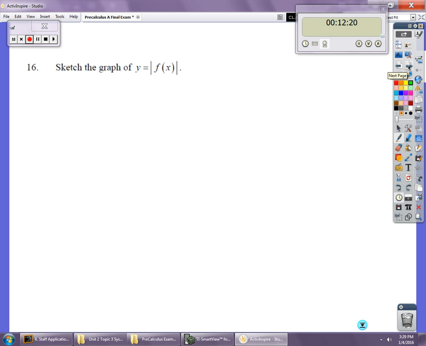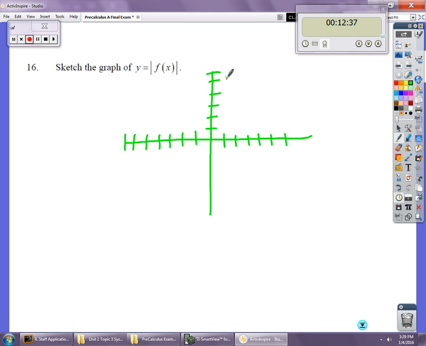Okay, and then the last one, we're going to sketch the graph of that last function. So I'm going to give myself a decent scale here. It looks like we're taking that last graph, and these symbols mean absolute value.